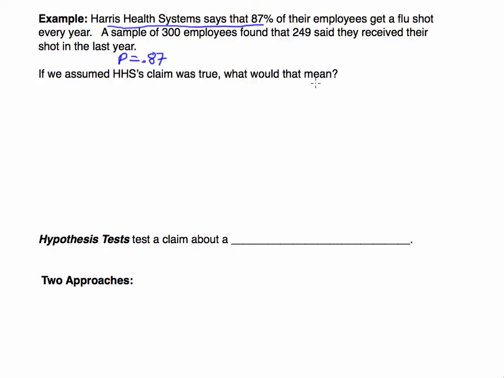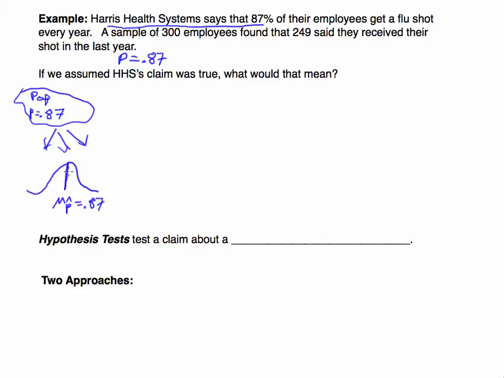What would that mean? If this is the population, and we assume the population proportion is equal to 0.87, then when we create our sampling distribution, remember that the mean of the sampling distribution is equivalent to the population proportion. So the mean of all the sample proportions would be equal to 0.87.